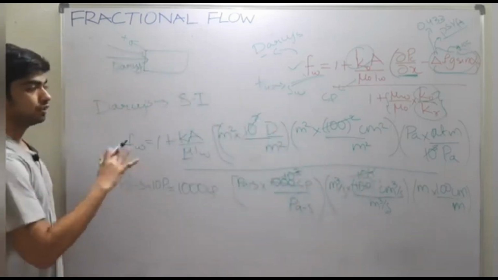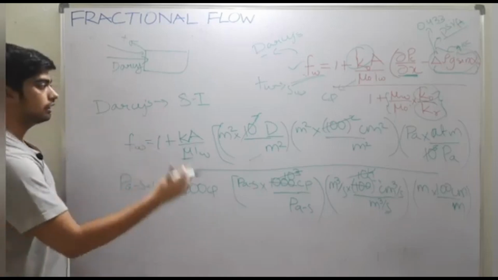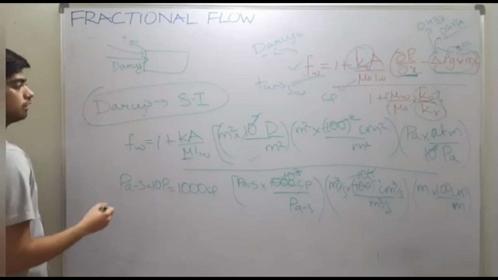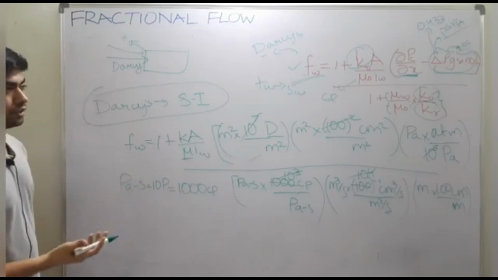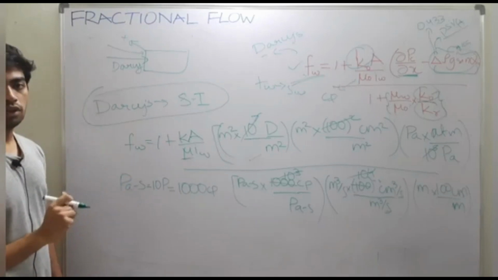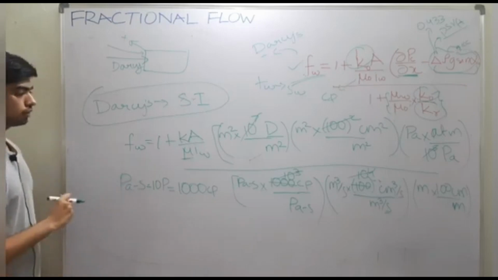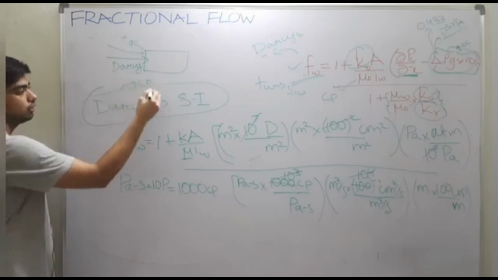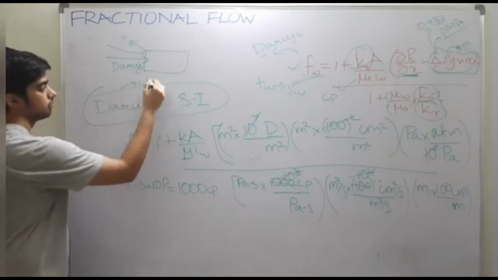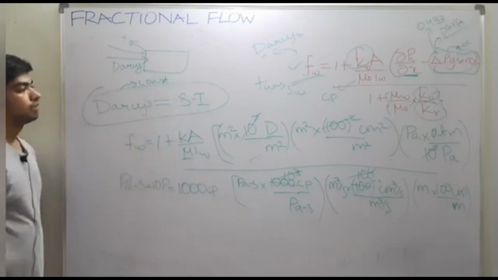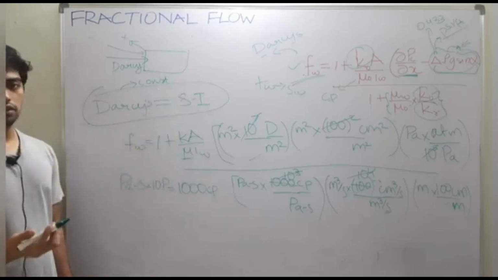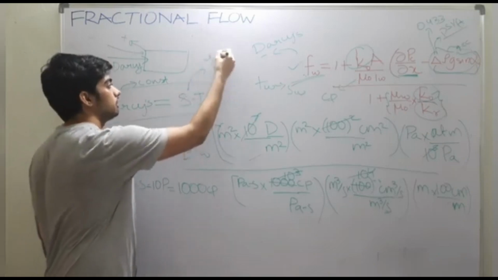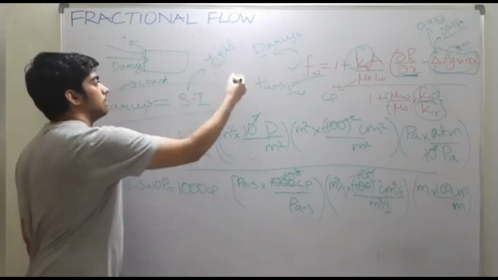So every constant will get completely cleared out when you convert from Darcy's to SI. In each and every equation which is mostly related to petroleum engineering, almost all the constants get cut out and the equation will always remain the same. Now similarly you can practice this conversion by converting SI into field unit and vice versa.